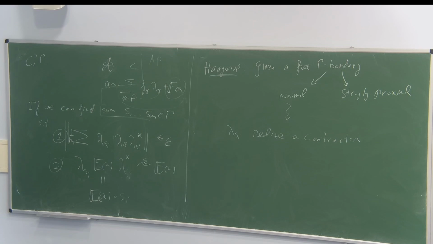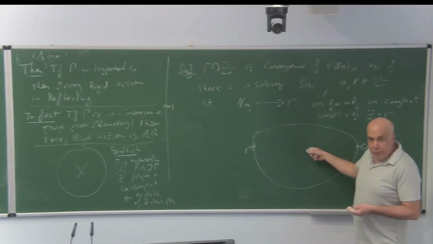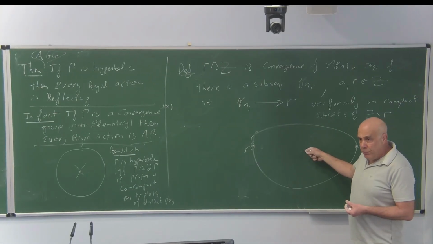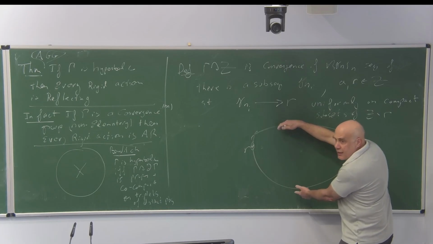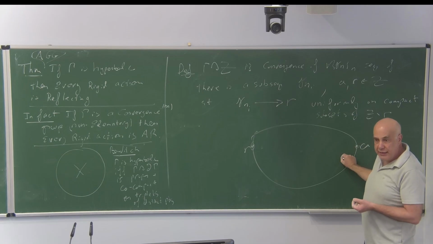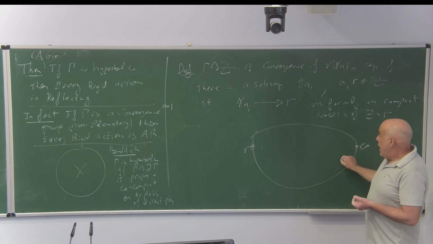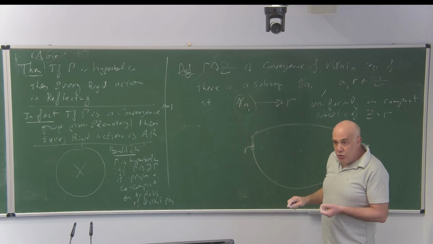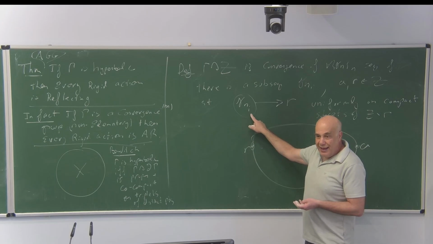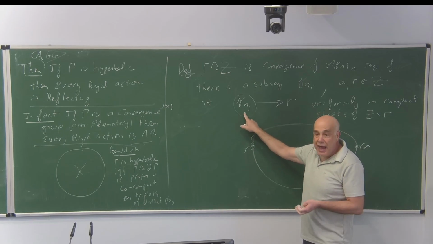A convergence action you can always take to be minimal, without loss of generality, just by restricting to the limit set. But strong proximality requires that you can take any measure on this set and contract it to a delta measure. And what we get here is that we can do it not with some sequence, but with any sequence.